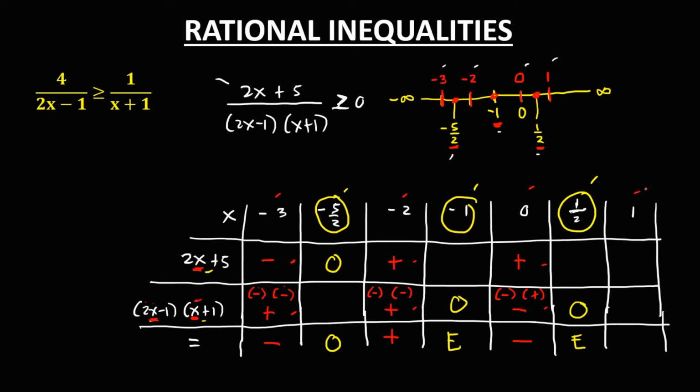Then the last one for x equals +1, 2 times 1, that's 2, plus 5, that's +7. And if x is positive 1, 2 times 1, that's 2. 2 minus 1, that's positive 1. Then 1 plus 1, that's positive 2. And positive times positive, this one is positive. Then positive divided by positive, the result is positive.